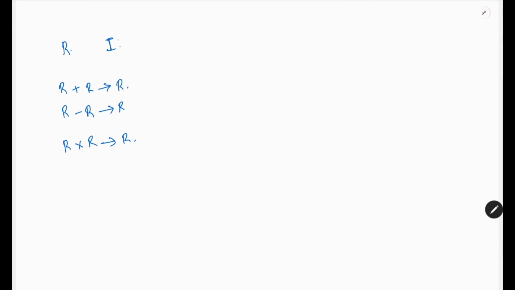Okay, and on the other side, if you take rational number plus irrational number, you get an irrational number as the answer. If you subtract them, or irrational number minus rational number, you get an irrational number. If you multiply rational and irrational, you get irrational.